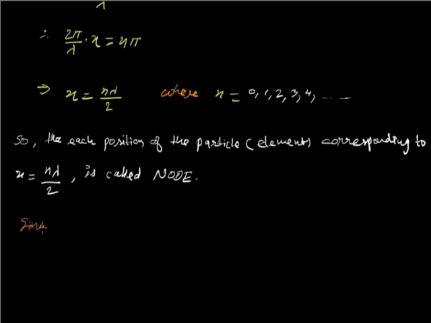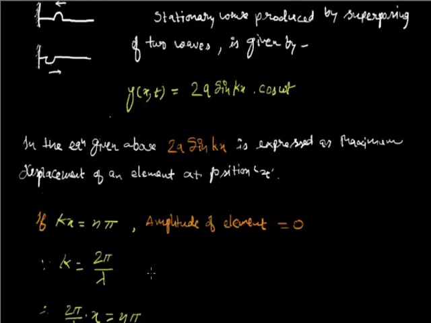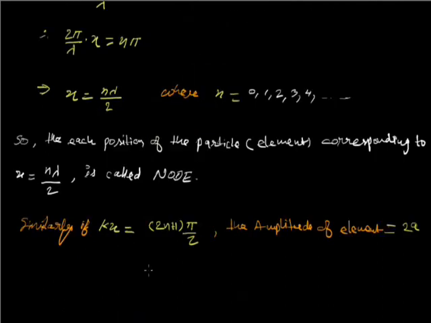Now similarly, if kx has the value (2n plus 1) multiplied by pi by 2, the amplitude of the element will be maximum, and that will equal 2a, because the sine term will have the maximum value 1 or minus 1, so its magnitude will be 2a.